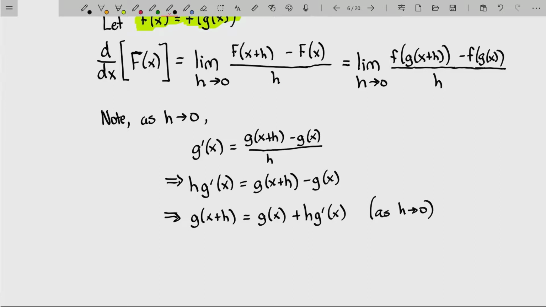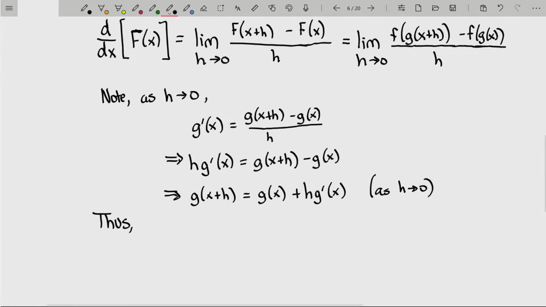And so because g is continuous at x, g of x plus h as h goes to 0 will actually become g of x. So as this h tends to 0 and that 0 times g prime, which is finite, disappears, the limit as h approaches 0 of g of x plus h should be g of x. Again, we have continuity, and that's why that's true. It's a slight bit hand wavy, but I justified it verbally at least.